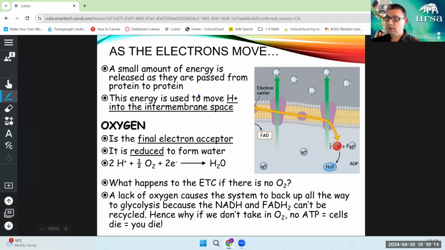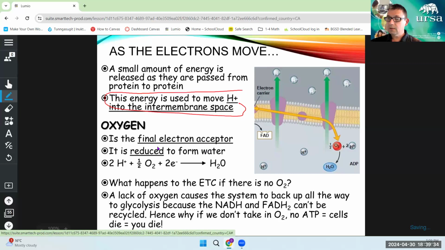As the electrons transport through, a small amount of energy is released as they get passed from protein to protein to protein. This energy helps move hydrogen ions into the intermembrane space.